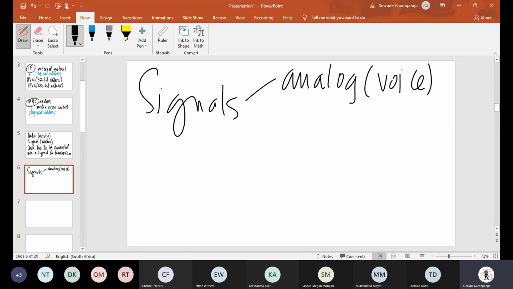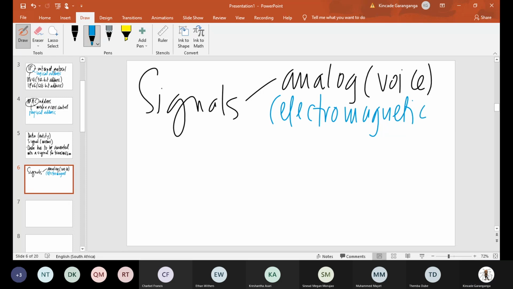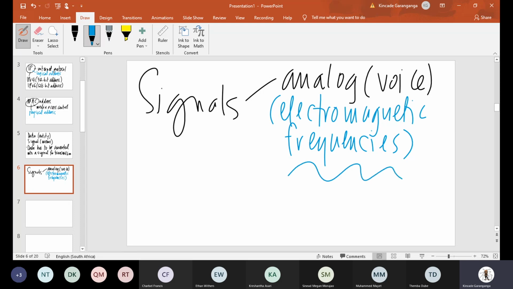And as far as that particular analog signal, you can also mention that this falls in the category of electromagnetic frequencies. Is that the right spelling there? I doubt it. Frequencies, right? And normally you find that these electromagnetic frequencies are identified in that wavy format, right?